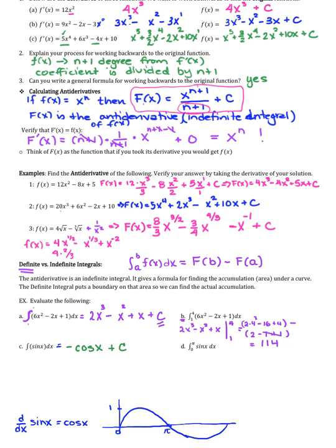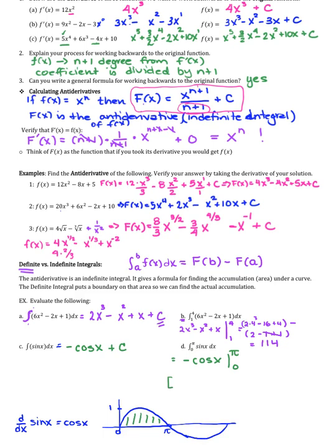So now that we know that, let's see if we can find the area under this curve from 0 to pi. So that means I take the antiderivative of sine, minus cosine, and I evaluate it from 0 to pi. And you always plug in the upper bound first.